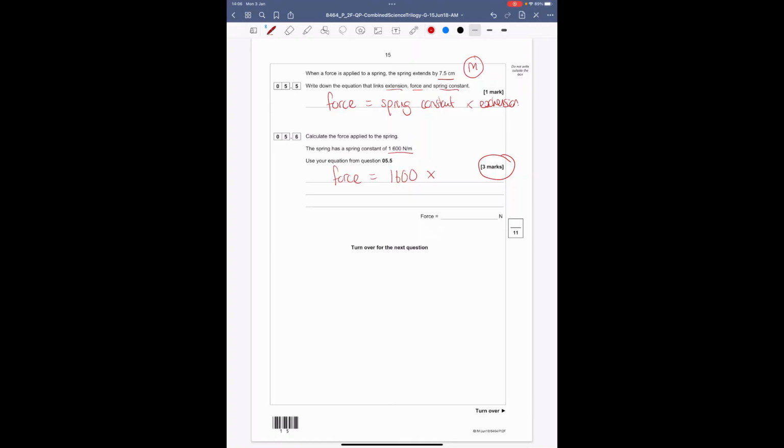So we need to convert centimetres into metres. So you could divide that by 100. So that gives you 0.075 metres. Times them together gives you 120 newtons. So that would be your final answer. 1 mark for converting, 1 mark for substituting them both in and timesing them, 1 mark for getting to your final answer.